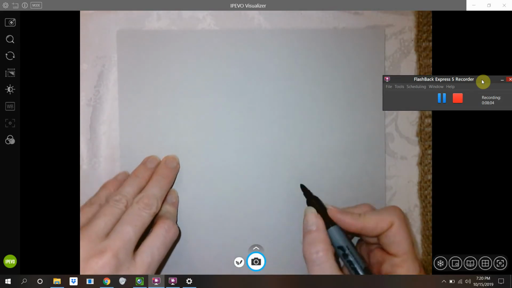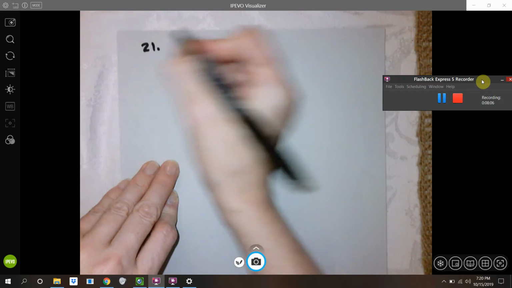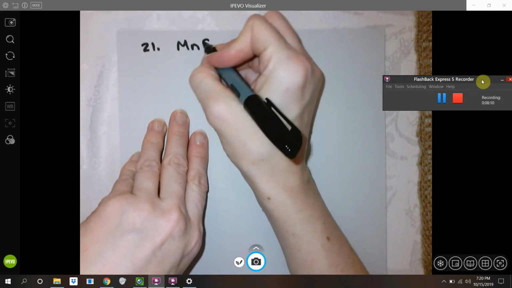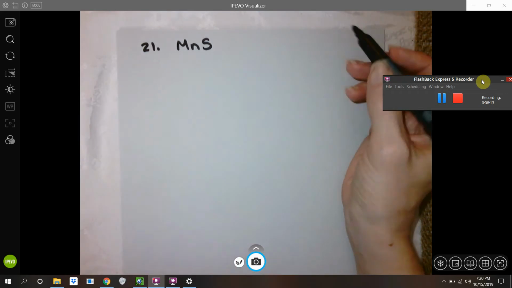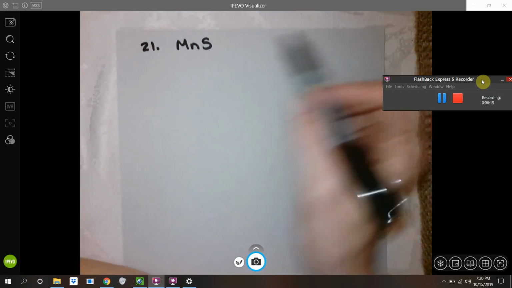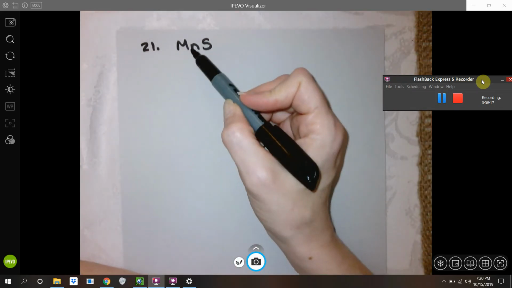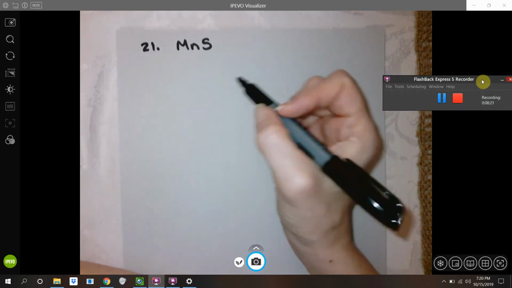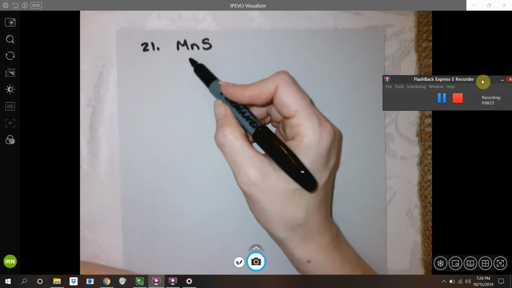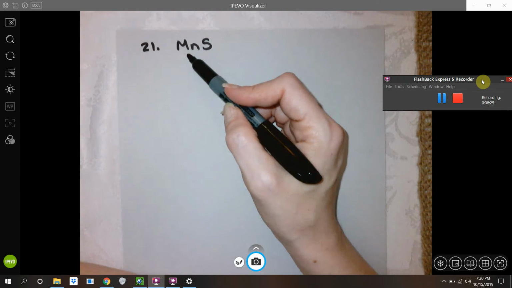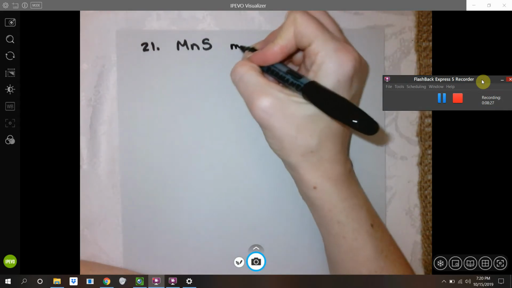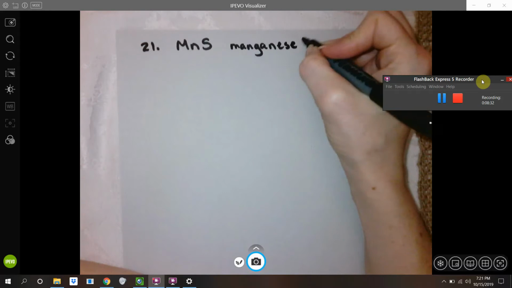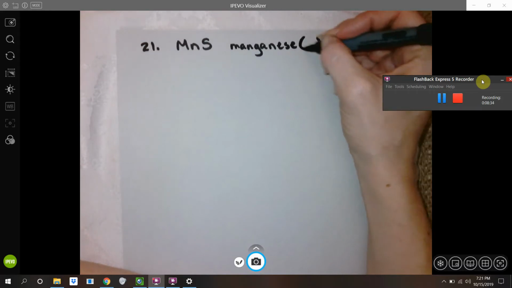Let's look at number 21. We have MnS. So first question, is it ionic or covalent? Because of Mn, this is a transition metal. Because this is a metal, we know it's ionic. It's a transition metal, so you can say manganese, something in the brackets, because we're going to have to specify the charge.